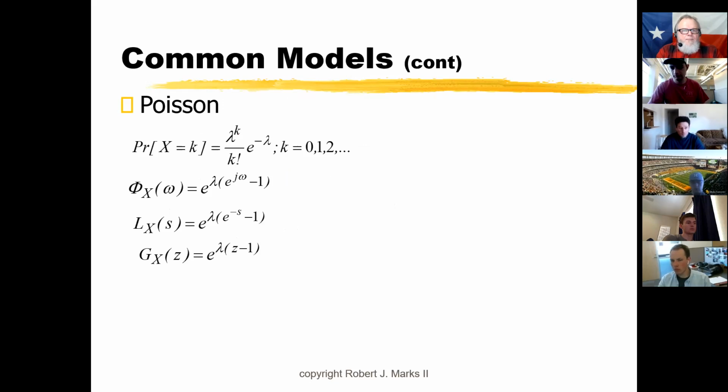Poisson random variable. This is the Poisson random variable. I love this one because it's the only place in kind of cool math where I see an e to the x, and it kind of occurs unnaturally.